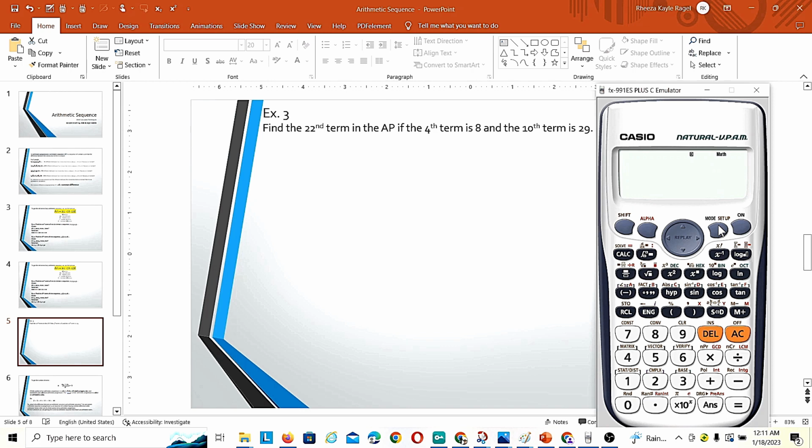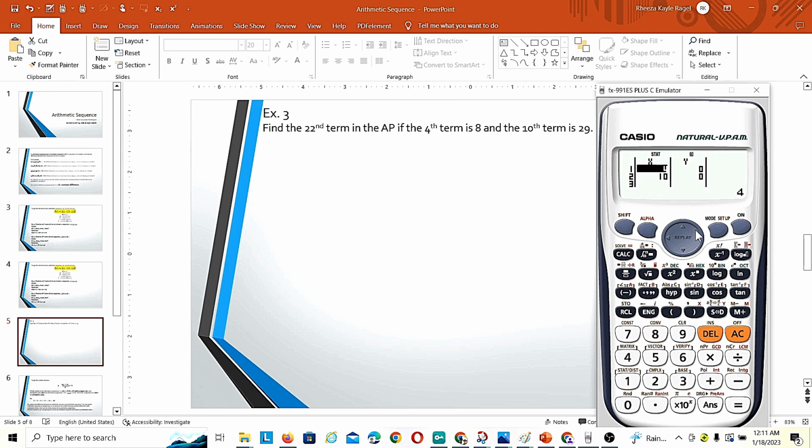What we're going to do is to press mode and then stat 3, and then if we are in arithmetic progression, we press 2 for AP. X will be the position of the terms and Y will be the corresponding value of that position. So let us try to input X. We have fourth term, so equals, and then we have another term which is the 10th term.